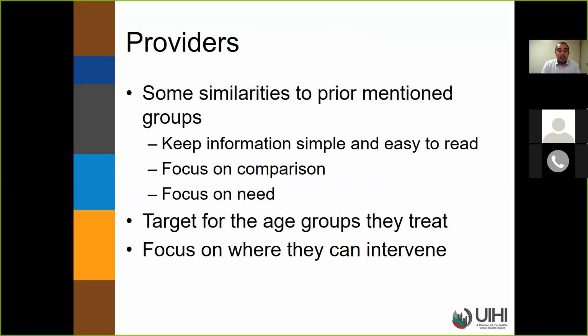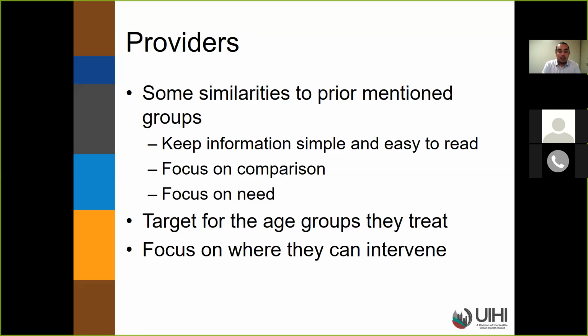With this group, I always try to keep the adage that time is money. So I really try to keep information simple and easy to read. It needs to be digested fast, but have information relevant to what they're doing. In many situations, there's also a need to focus on comparisons. This isn't always the case, but a lot of times it is quite relevant for quickly informing those providers.